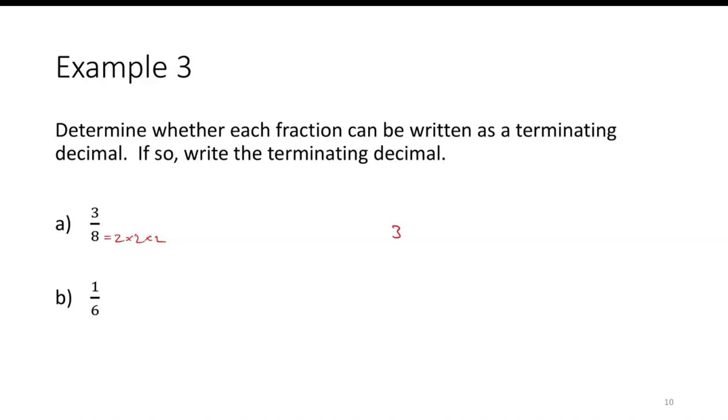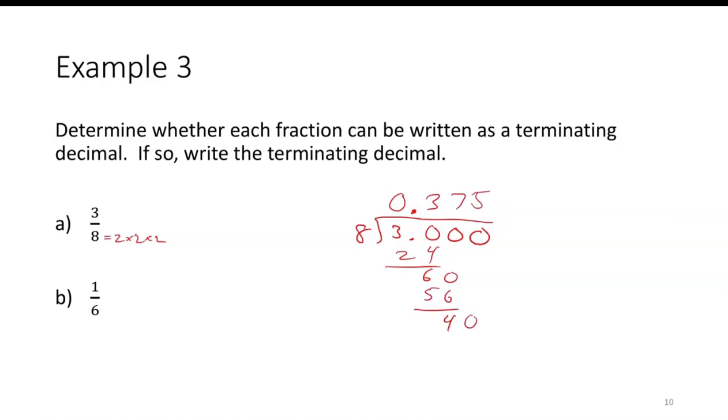So I can go 3 divided by 8. Add some zeros there. 8 does not go into 3, but 8 goes into 30 3 times. 8 goes into 60 7 times. And then 8 goes into 40 5 times. So 3/8 is the same thing as 375 thousandths.